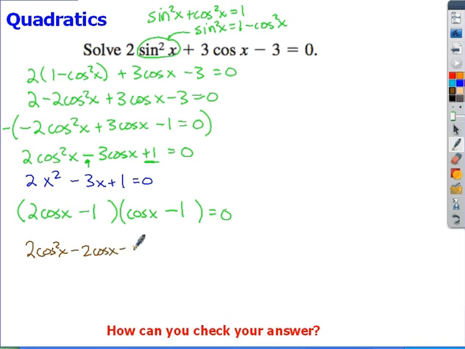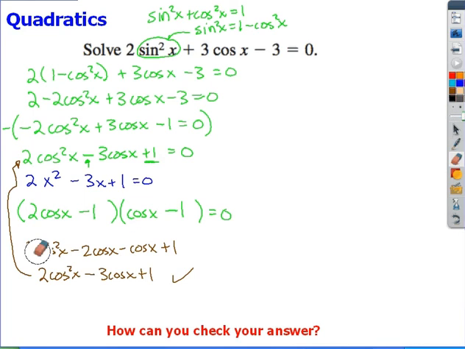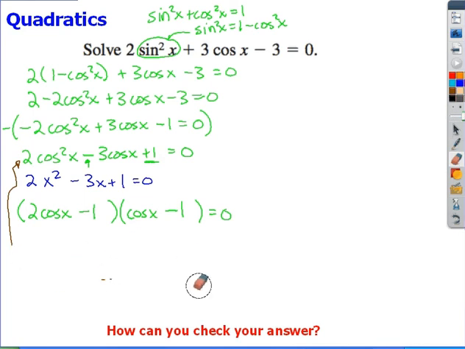And then negative cos x and plus 1. And indeed, 2 cos squared x minus 3 cos x plus 1. So I know I'm correct because this is the same as this right here. Okay, I'm going to erase that since we've already confirmed it.